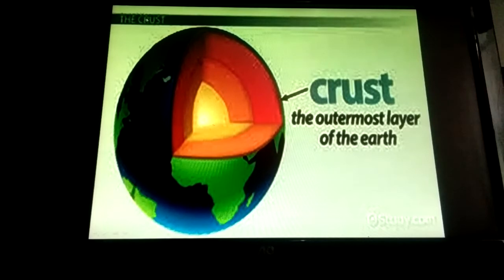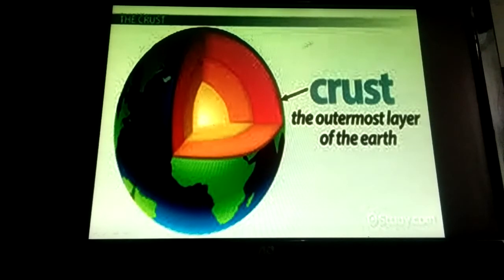It's called the crust. Its average thickness varies from 5 to 30 kilometers.